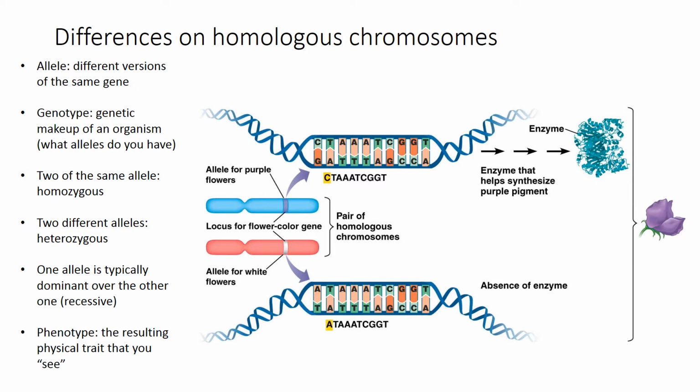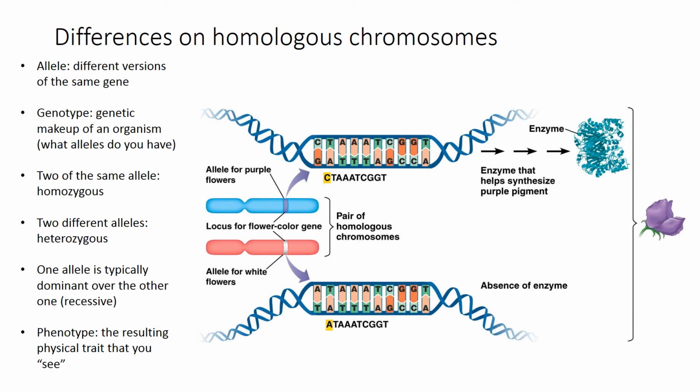If you have two of the same one, so if in this case both of these chromosomes had this one for the purple flowers, we would call it homozygous. Homo means same. If there were two different ones, like it was shown here, so this chromosome has a purple and this chromosome has a white, we call that heterozygous, so hetero for different.